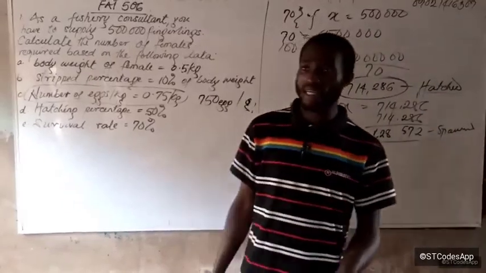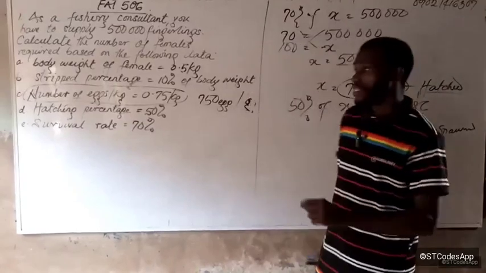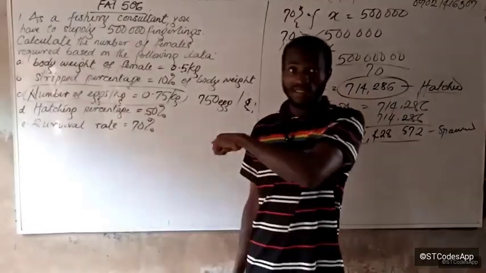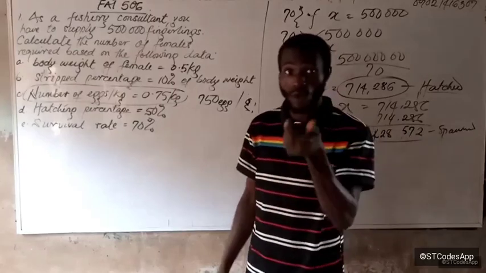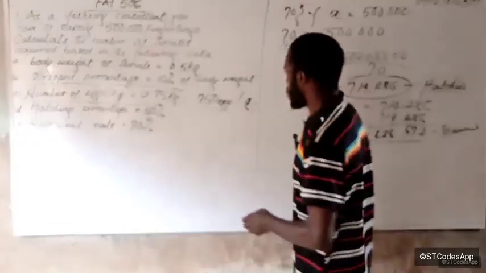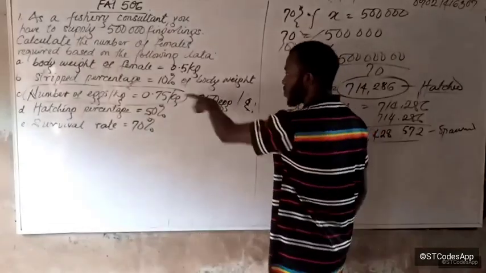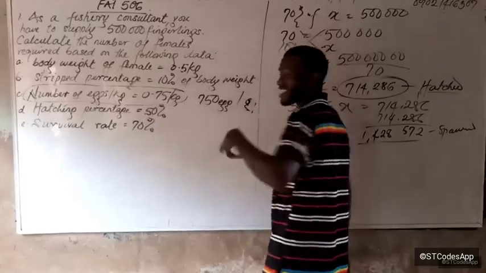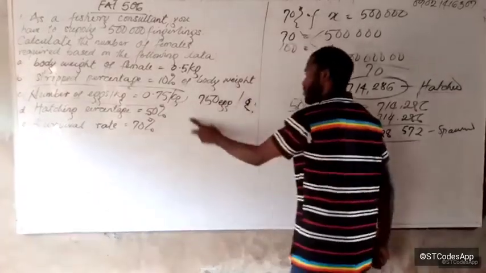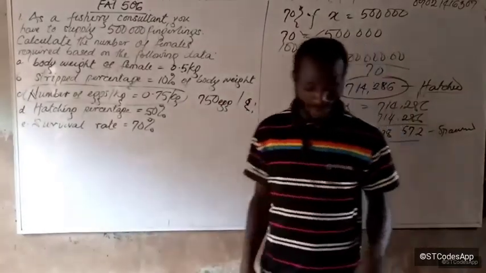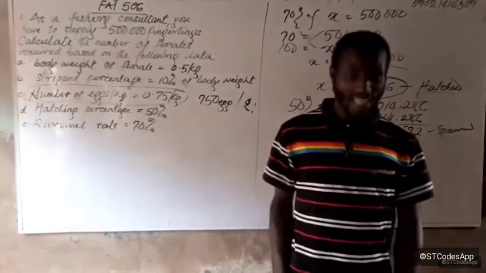It makes sense because 750 eggs weigh 1 gram. That's the meaning. So if 750 eggs weigh 1 gram, that's the only way to make sense of this, not 750 eggs per kg. And I promise you, if you do that in the exam, you are going to get it. I promise you.